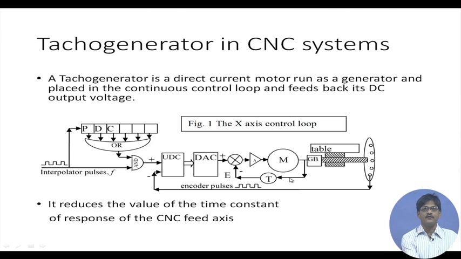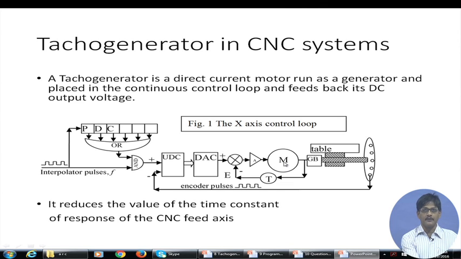The faster it rotates, proportionately higher voltage is emitted at its output. This is the output side, it is emitting a voltage proportional to its angular velocity. Since it is mounted on the shaft of the prime mover motor, its angular velocity is equal to the angular velocity of the shaft of the prime mover motor.